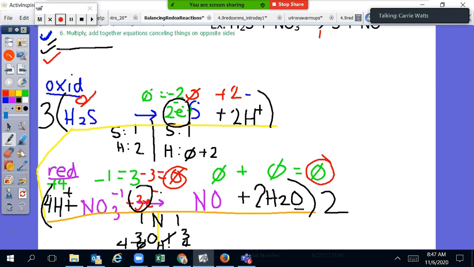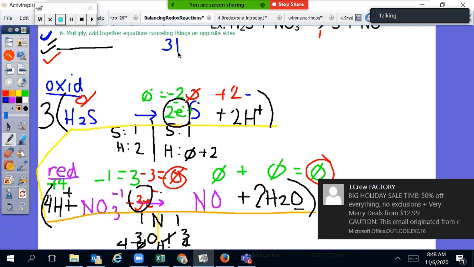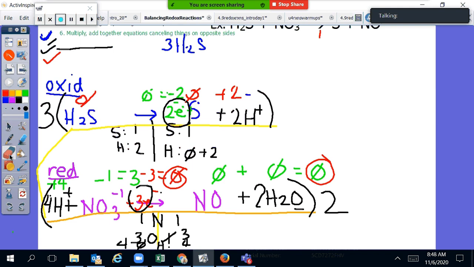Okay, and we're going to write out our new equations. Okay, so I'm going to write them out here. So when we multiply everything by 3, we now have, this is the oxidation part.